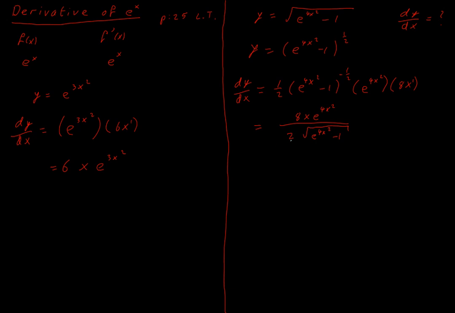A reminder, this means 2 multiplied by a square root. This is not a 2 sitting up inside the tick here, so it just means the number 2 multiplied by a square root. Now I see I have a common factor of 2 top and bottom, so I can divide that out.